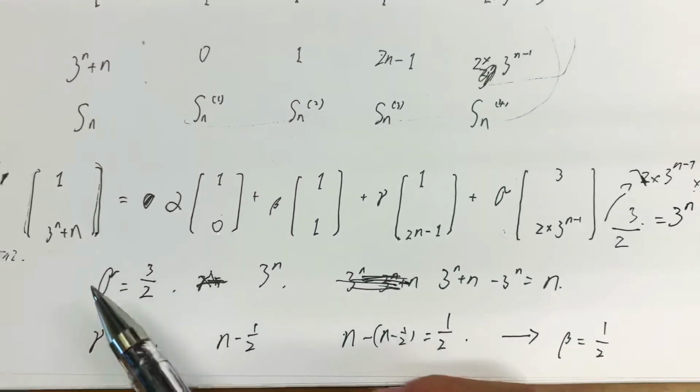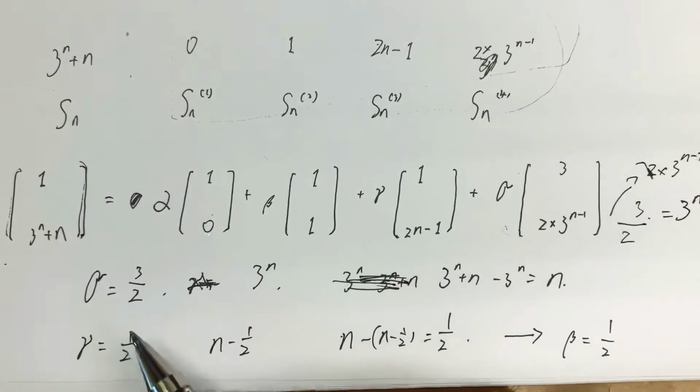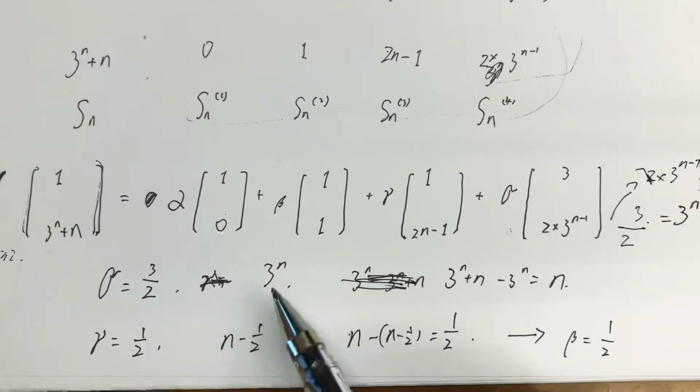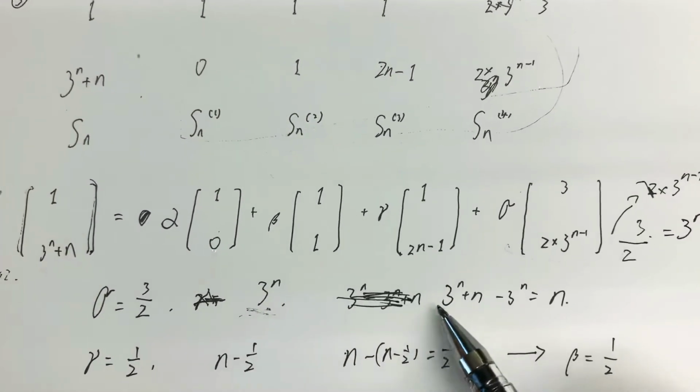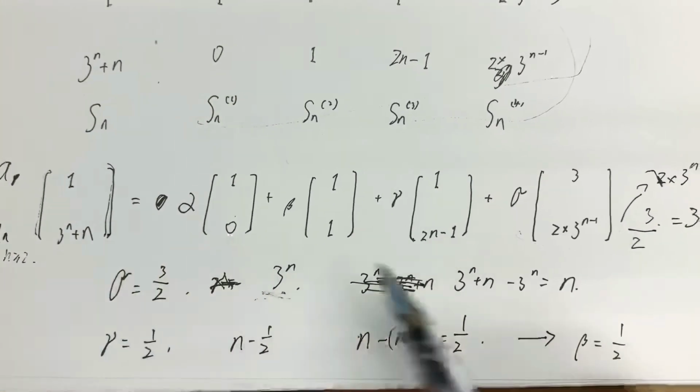So theta equals 3 over 2. And for 3 over 2, we now have 3 power n. What we need to solve is this one minus 3 power n.